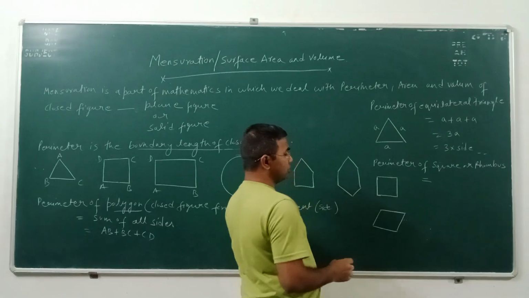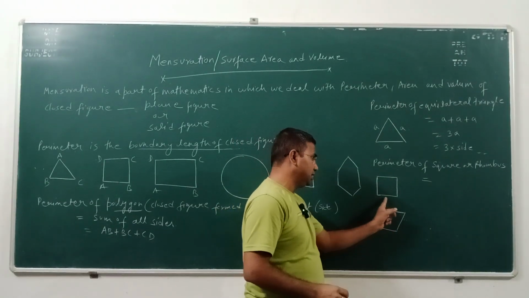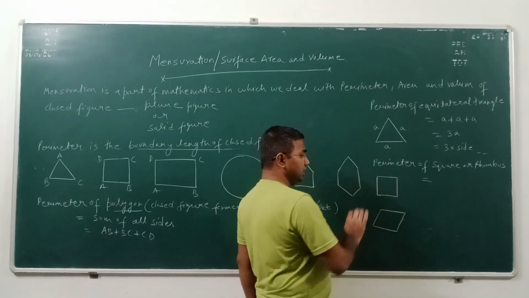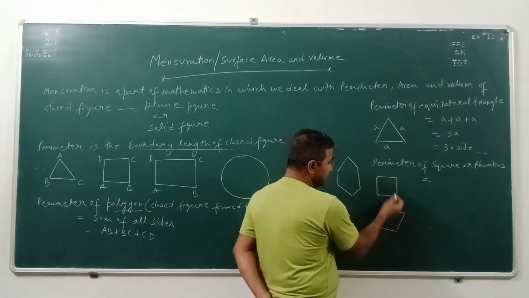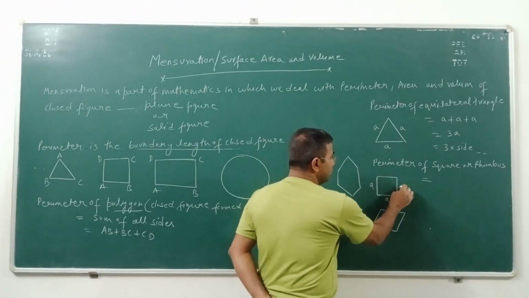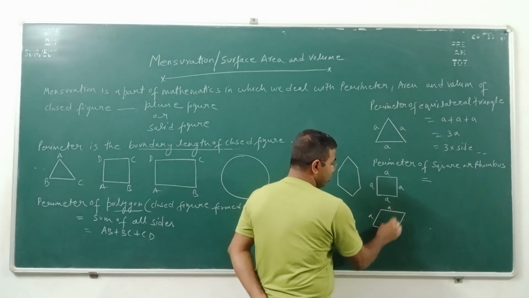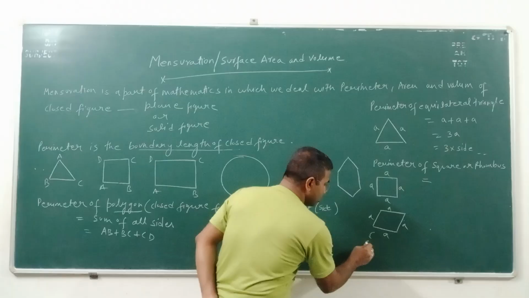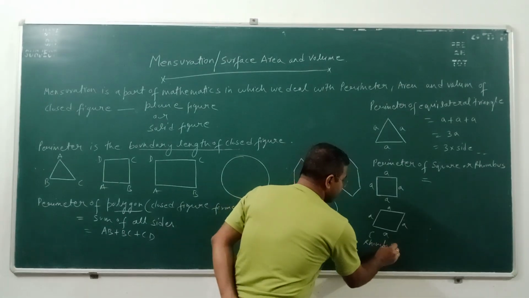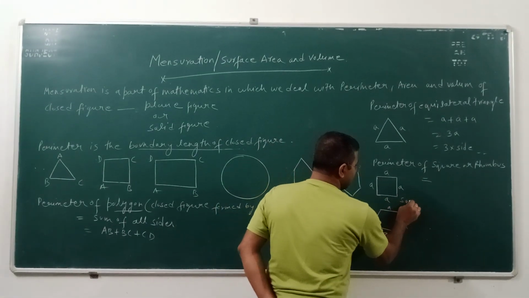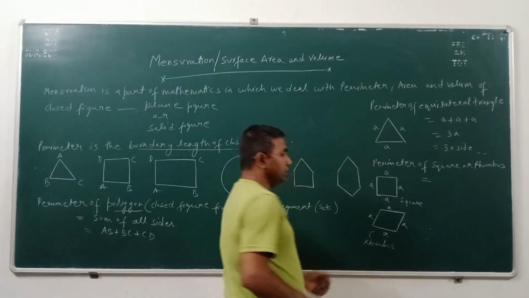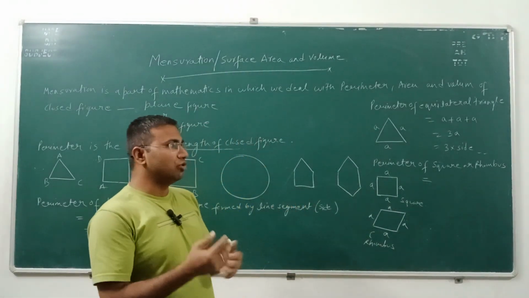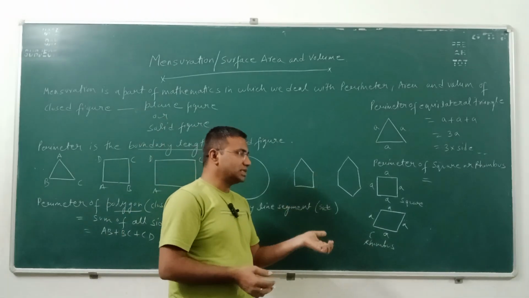In a rhombus, all angles are not 90 degrees. In a square, all angles are 90 degrees. But the similarity is that both have all sides the same. So you can see here, this is a rhombus and this is a square. Square can also be said to be a rhombus, because all sides are equal.